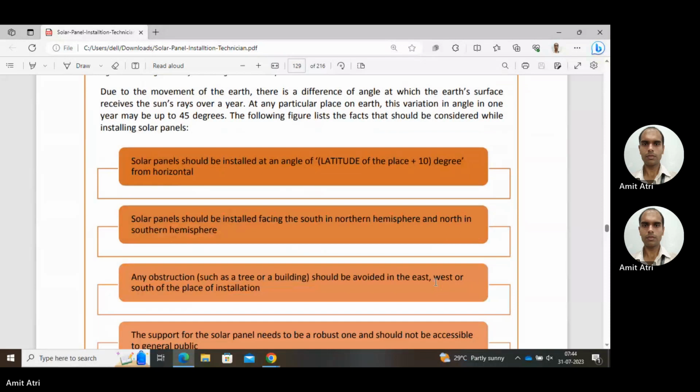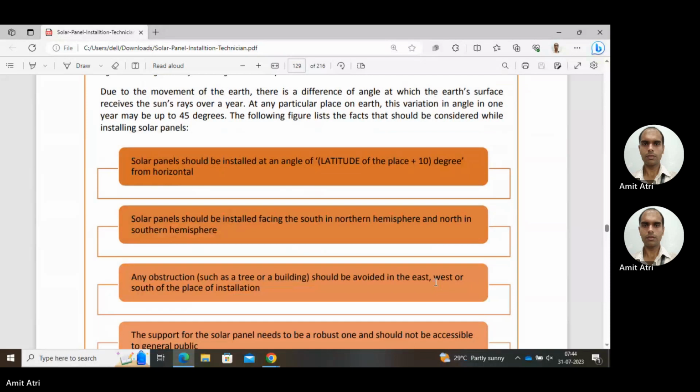Then 10 degrees from that latitude, there we have to place our panel, or we have to angle it. The inclination of the angle should be this much. Next, solar panels should be installed facing the south in the northern hemisphere and north in the southern hemisphere, so that the maximum light should be available at the surface of the panel.